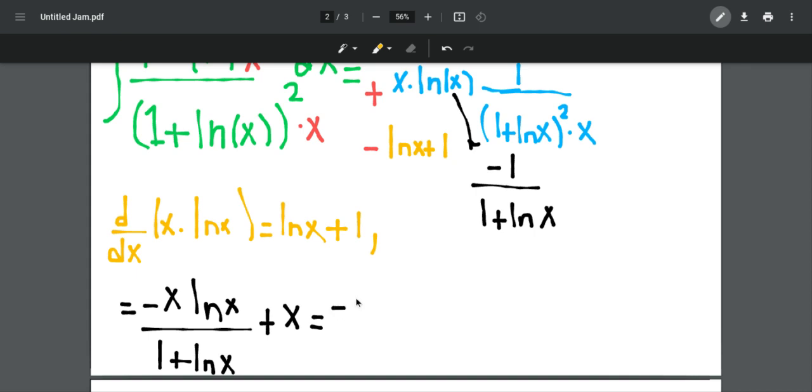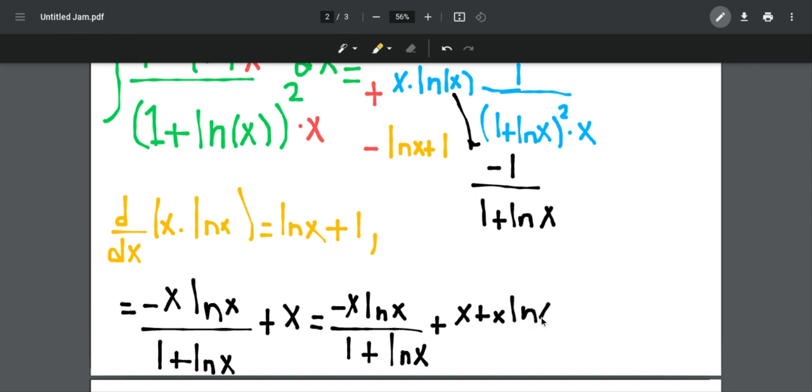So I'm getting negative x ln x all over 1 plus ln x, and when we multiply the x by this, we get plus x plus x ln x, all over 1 plus ln x.